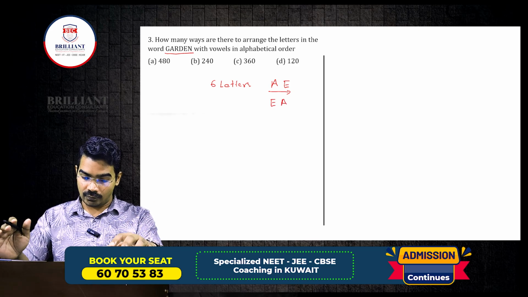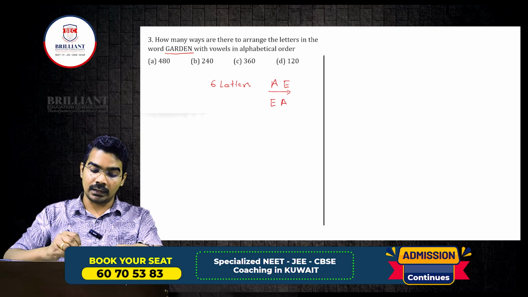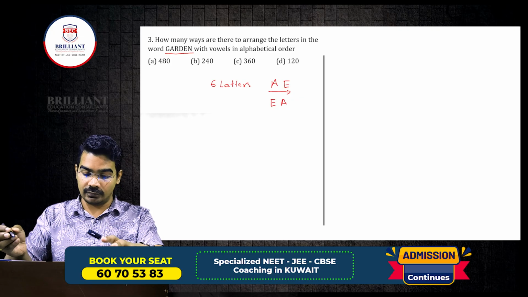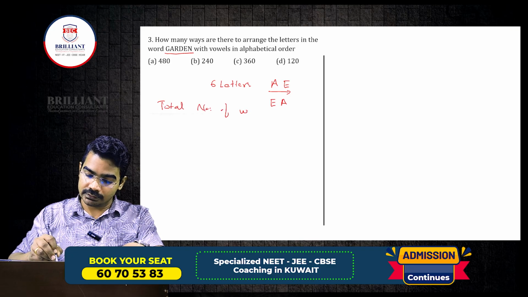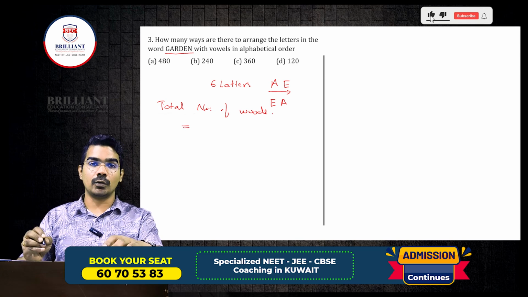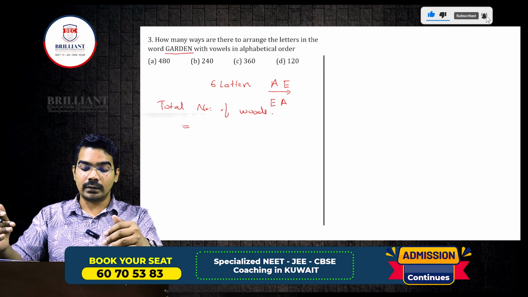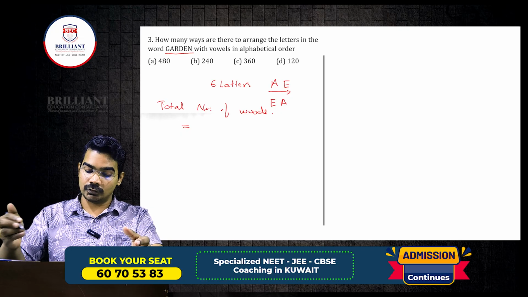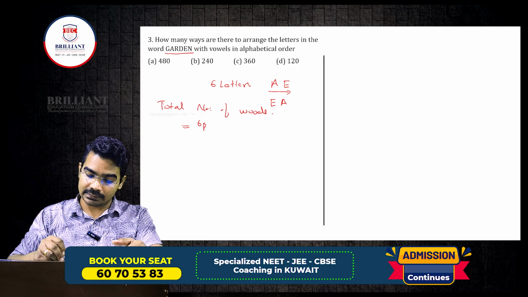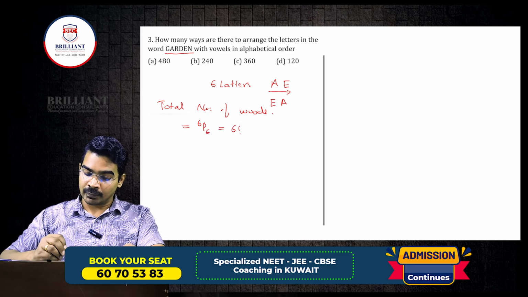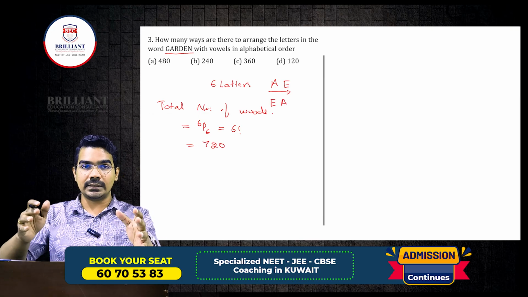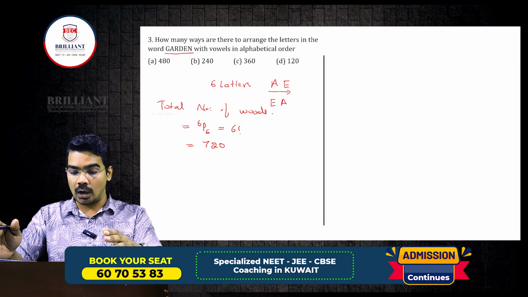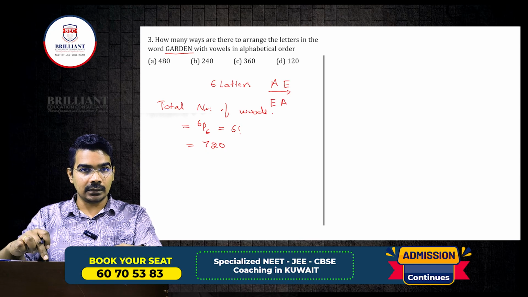So the total number of words which can be formed using the 6 letters, with repetition not allowed in arranging the letters, will be 6P6, that is 6 factorial. The value of 6 factorial is 720. Of these 720 words, half will have the vowels in the order AE, and the remaining half will be in the order EA.